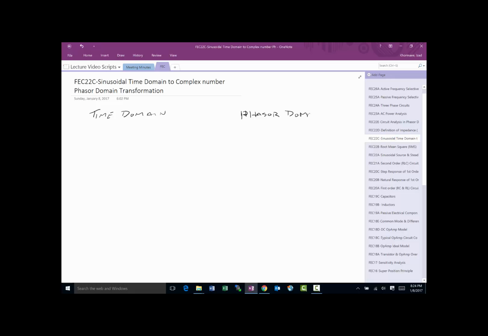Now, it's not really hope, maybe it's too weak a word to use, because this transformation from time domain to Phasor domain has been designed and created because it allows us to solve sinusoidal steady state problems that used to be differential equations as more or less an algebra problem.